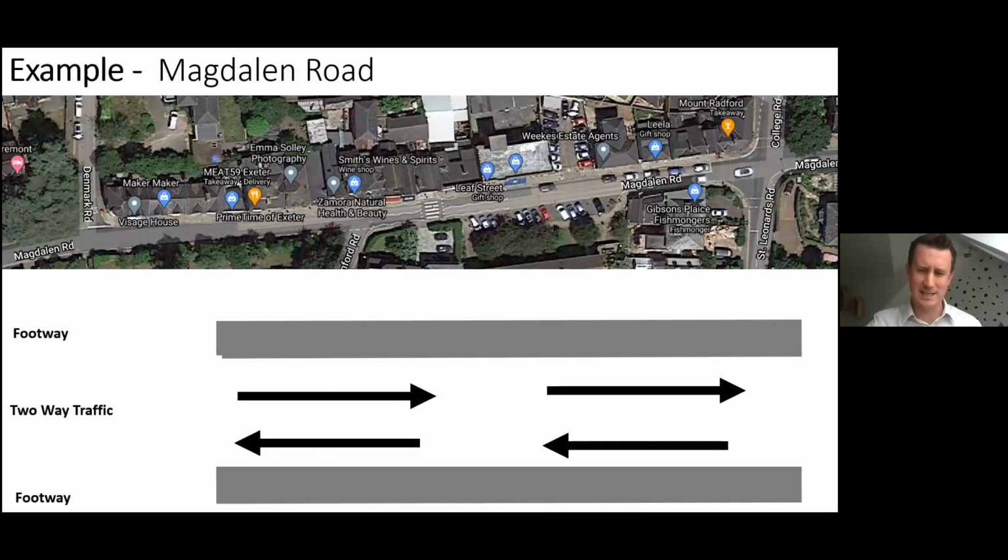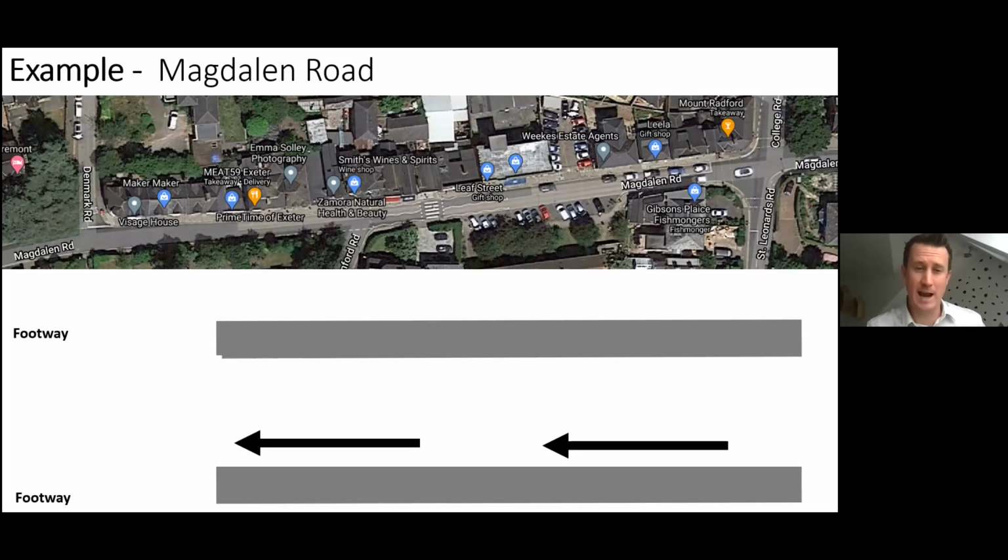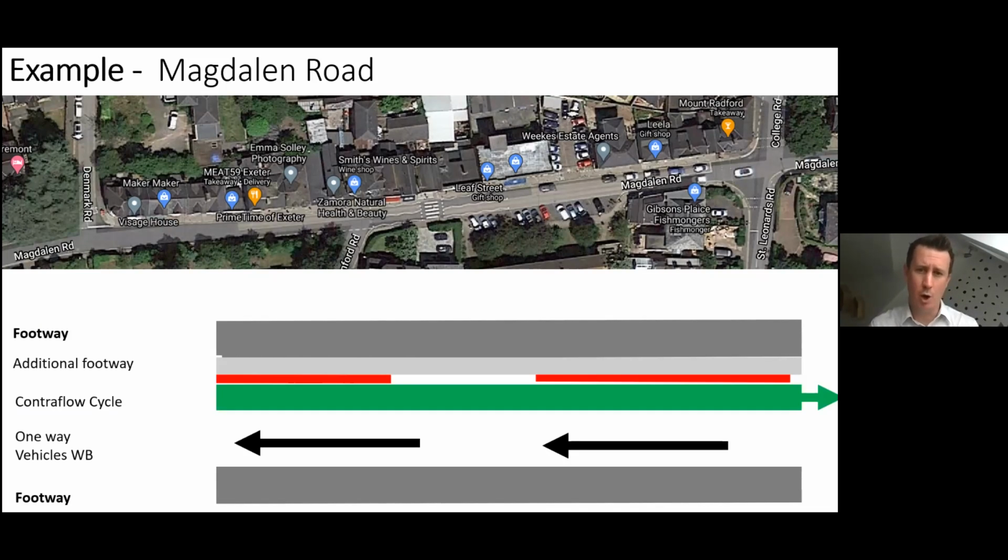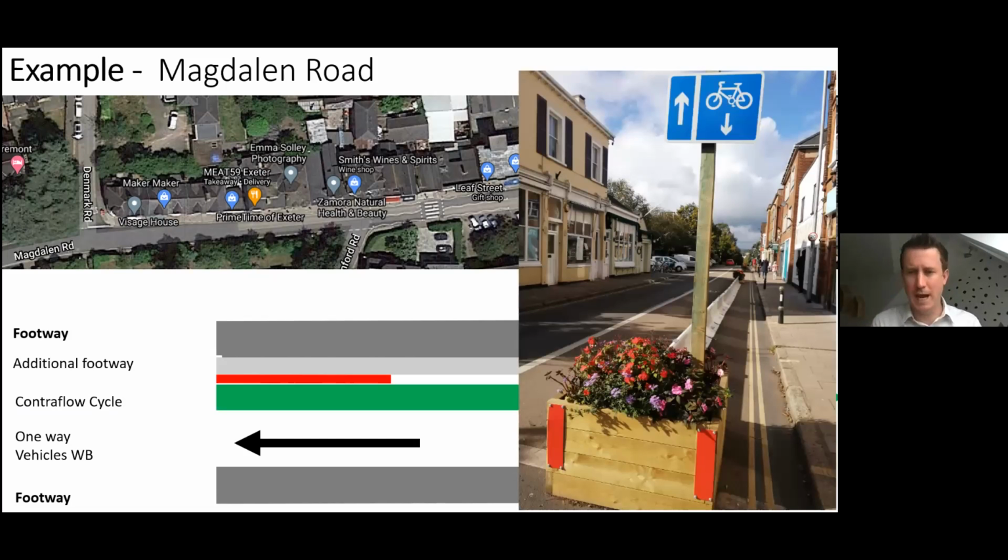We took out one lane of traffic and reallocated that space to provide a wider footway for pedestrians. In part, that was for social distancing reasons, and we provided a contraflow cycle lane as part of a cross-city route. As you can see on the right-hand side, the result is a bit more space for pedestrians and cyclists on the street.